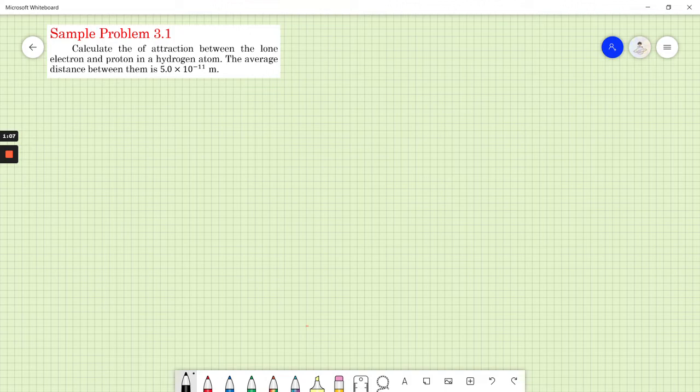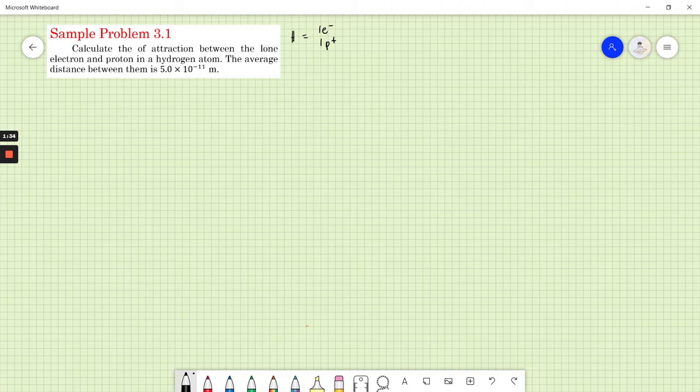Okay, so it is important to note that hydrogen is actually one of the weird things in the table of elements because it's the only element without a neutron. Hydrogen is only composed of one electron and one proton. Okay, so what we want to do is calculate the attraction force.